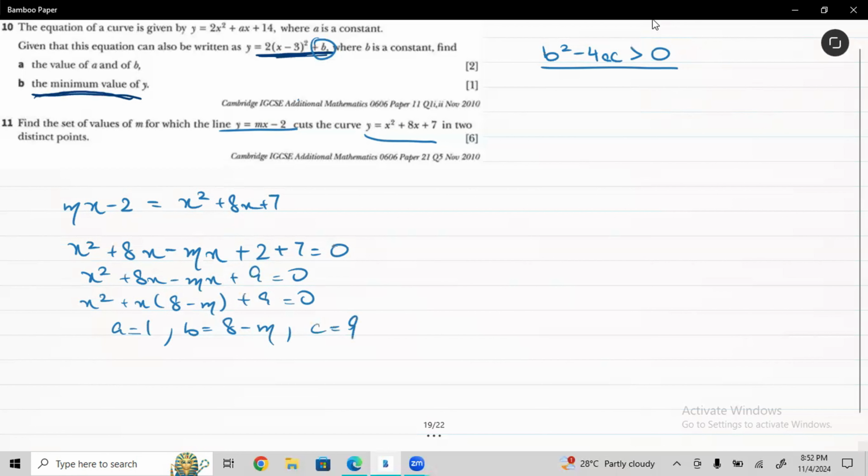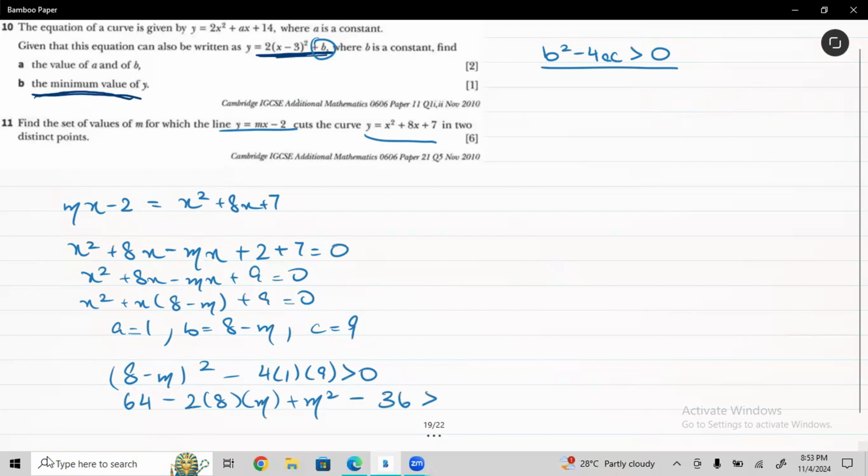What we do next is b squared minus 4ac, and we have discussed earlier that it's going to be greater than 0. So (8 minus m) whole squared minus 4 multiplied by a, which is 1, multiplied by c, which is 9, is going to be greater than 0. So 8 squared, 8 8s are 64, minus 2 multiplied by 8 multiplied by m, so minus 16m, plus m squared, minus 9 4s are 36, so minus 36 is greater than 0.